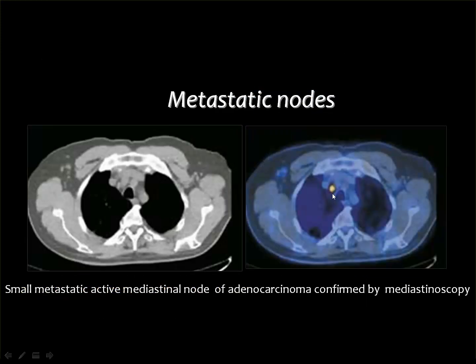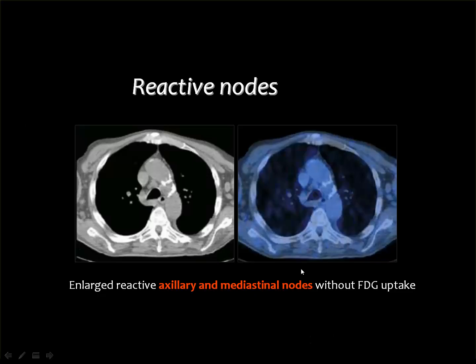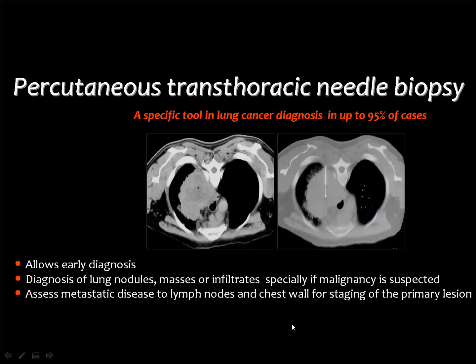And this is also a node better seen by PET-CT, not by CT, because of course of the absence of contrast injection. And these are what's known as reactive lymph nodes seen in the axilla as well as in the mediastinum, showing no significant metabolic activity.